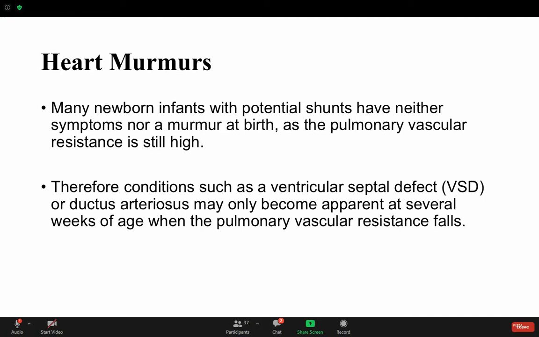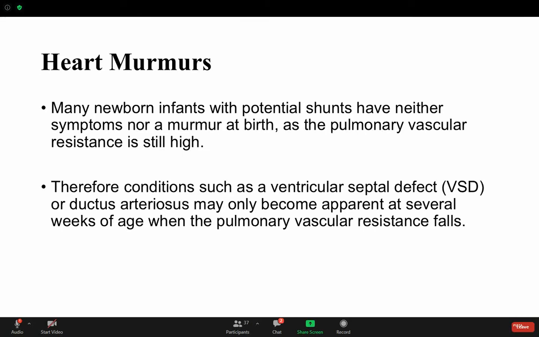The other thing is that many newborns with potential shunts have neither symptoms nor a murmur at birth, as the pulmonary vascular resistance is still high. Sometimes even if someone has a shunt, because the pulmonary vascular resistance is still high, not much blood is going from one side to the other. So you won't hear a murmur initially in the neonatal period.